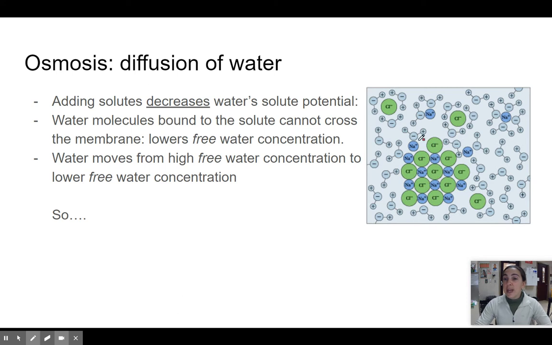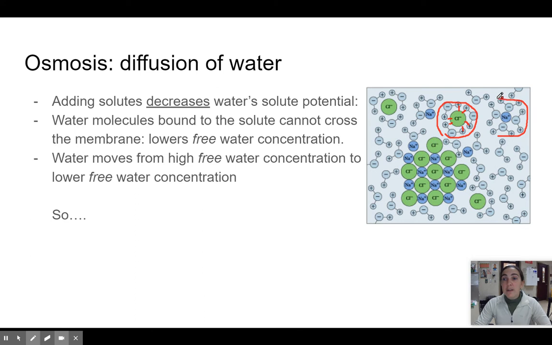And you can see as we add this dissolved substance, all of these water molecules, that's 3 water molecules around this chlorine, have formed hydrogen bonds to that negatively charged ion. So these water molecules are now not free to move across membranes as easily because they're bound to this charged ion, and that makes a much bigger clump of atoms that just can't freely pass through a membrane.